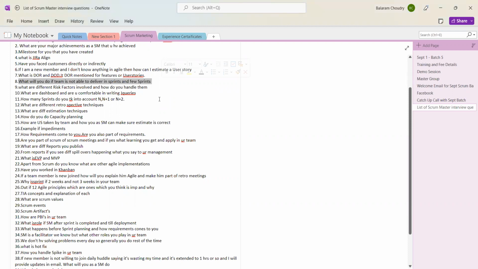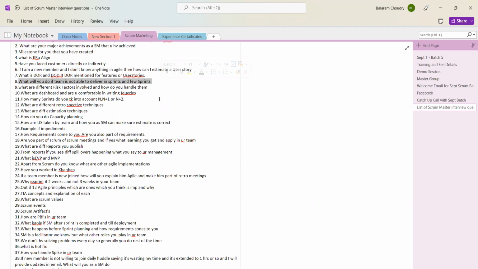Did we have all the resources available? Did we have a backup plan if the original resource went on leave? These are the data points that as a Scrum Master I will be studying. Let's say for some reason I identify that we had a dependency on a certain team and that team did not commit, or they had committed but did not deliver. That could be a possible reason for this team not to deliver. This could be a case of one sprint.